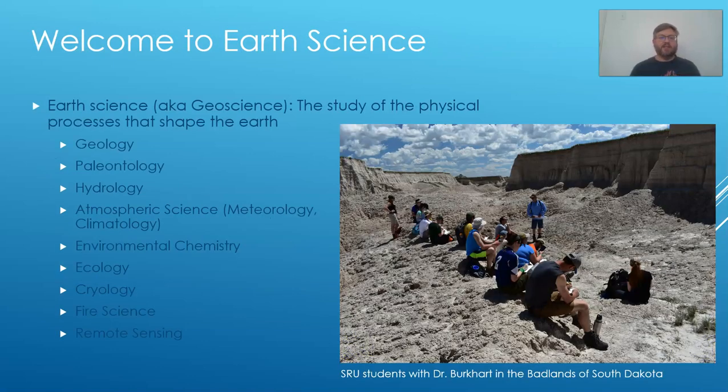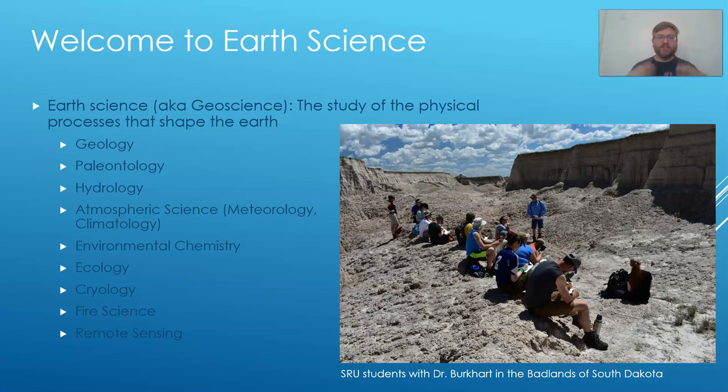So to begin, let's talk about earth science. So earth science, which is also known as geoscience, from the Greek geo meaning earth, is the study of the physical processes that shape our earth. And that big umbrella of earth science contains a whole bunch of different specific subdisciplines that look at particular aspects of the earth.